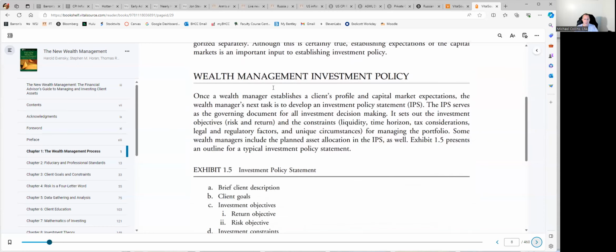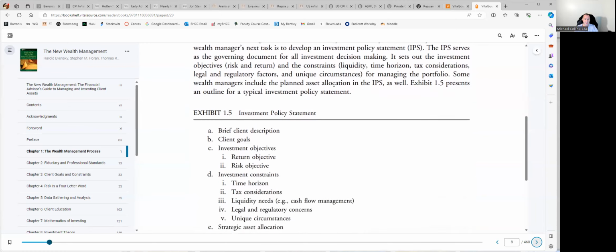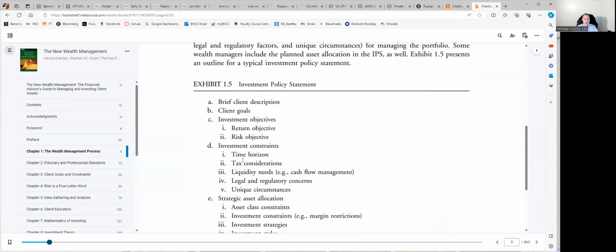Next, be familiar with the term wealth management investment policy or investment policy statement, and know that it includes a risk and return objective. Know the components of investment constraints. What are the 5 investment constraints? You should certainly know that for the exam as well.